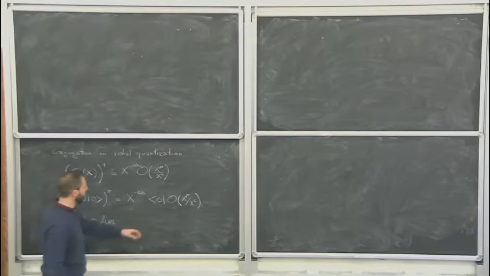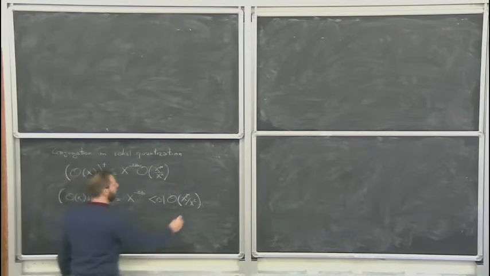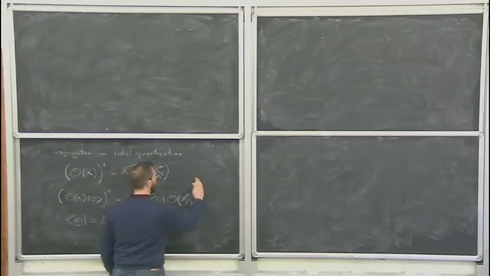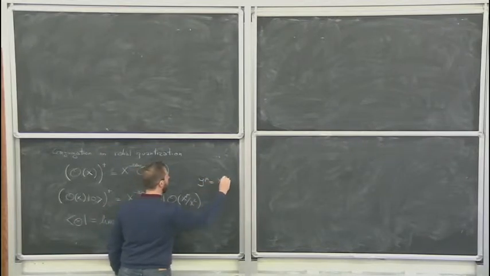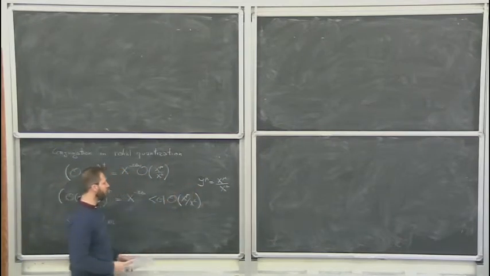I want to send x to 0. Let me redefine this quantity and call it y. y^mu is going to be x^mu divided by x squared. So when x goes to 0, y^mu goes to infinity.